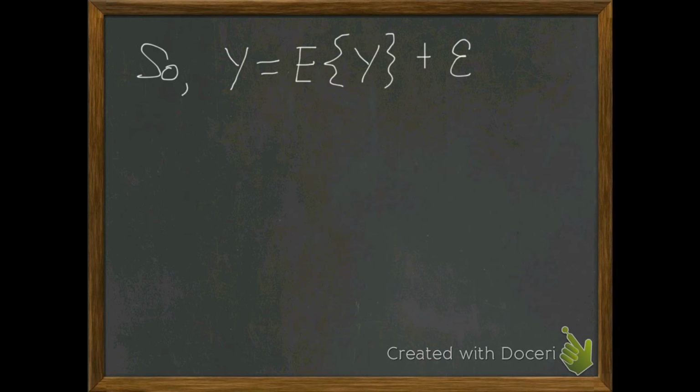Now, putting all this together, with y being the expected value plus the error, we can look at this in this form.